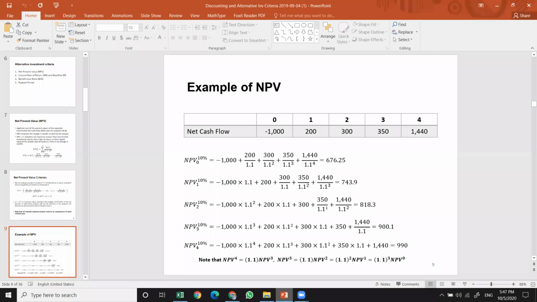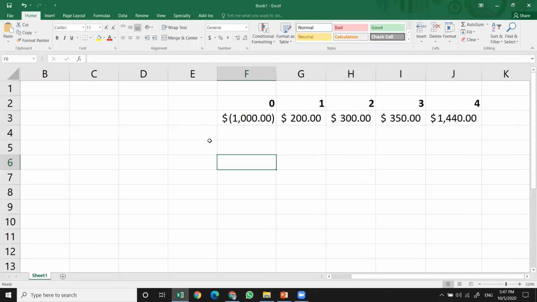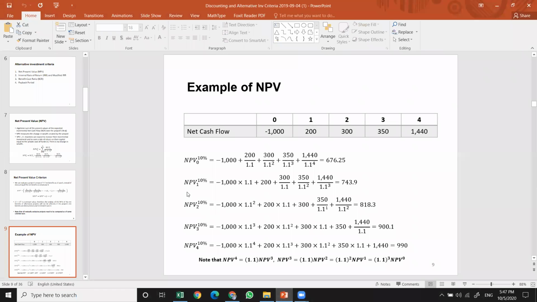Then we have 200, 300, 250, 1,440 dollarized. If you're asked to calculate NPV as of year 0, basically we'll do the calculation here. Let me go quickly.